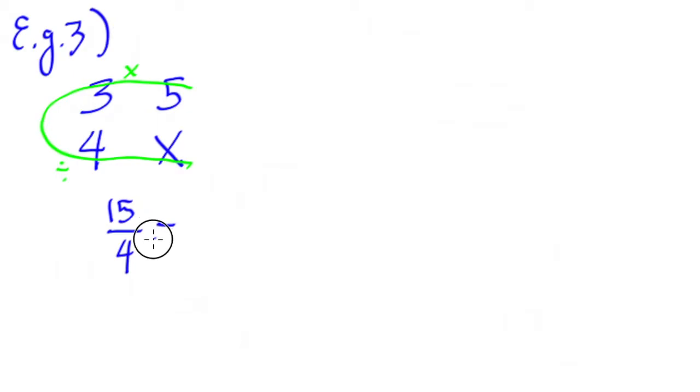How many 4s in 15? We have 3, that's 12. We have the remainder of 3, and the divisor is 4. So that's 3 and 3/4 days. If you want in decimal, 3.75 days. So that's how you answer number 3.